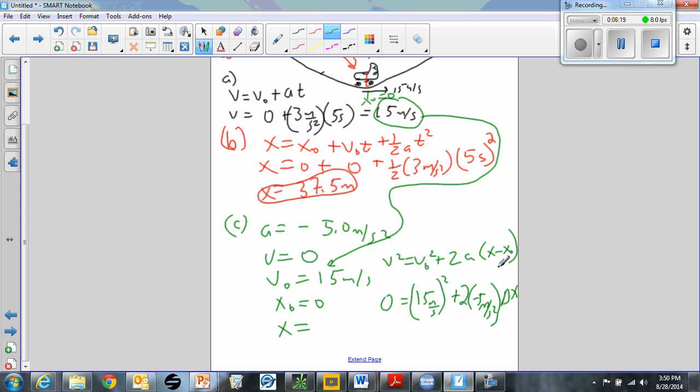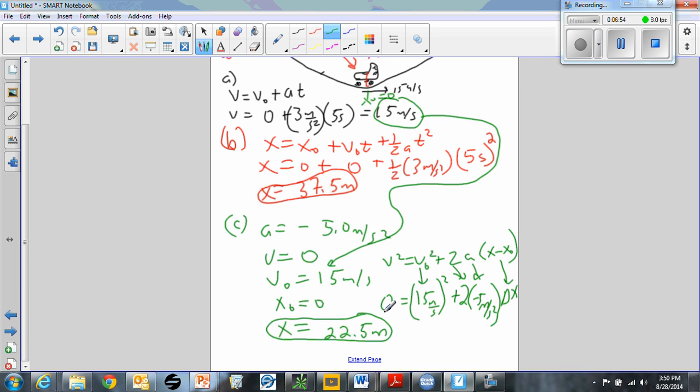That's delta x right there. That's a negative 5. Of course, bring your 2 down. That's my 15. I got to square that. So put this in your calculator, and you're going to subtract the 15 over here. I'll let you do the algebra this time. But what I got was x equaled 22.5 meters up the hill when I did the math on that.